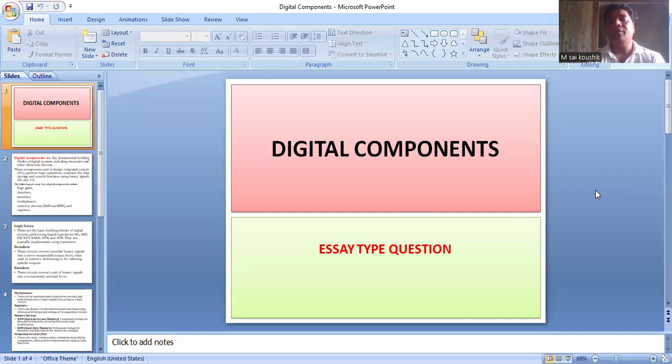For examination purposes, we should know how to write and define the components, and how to classify the components of the digital computer, and the different components of digital devices like a mobile, a laptop, a computer.